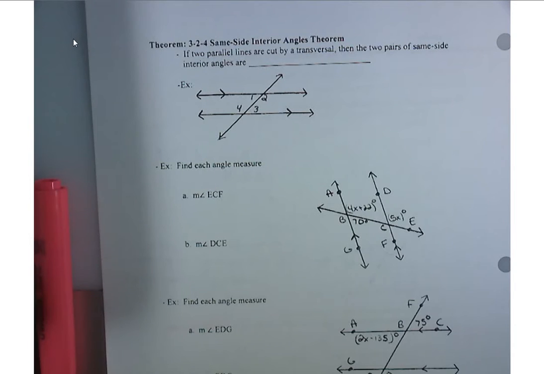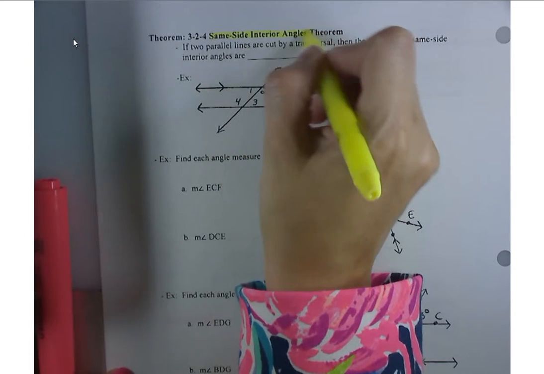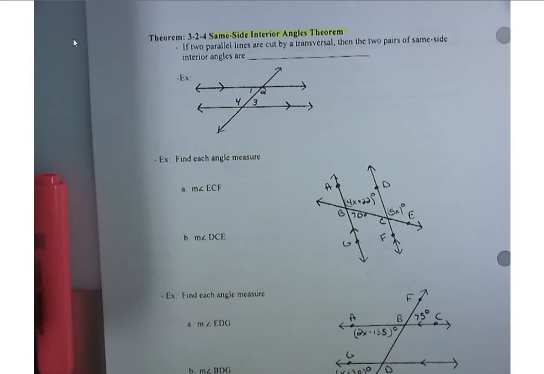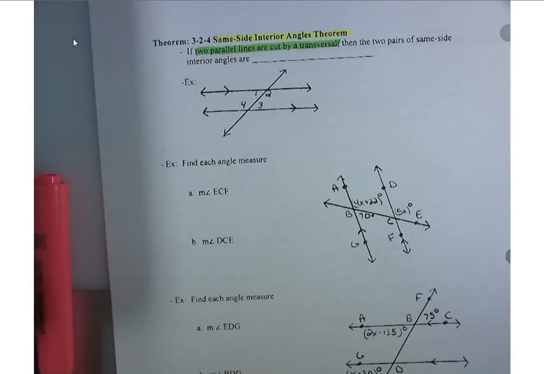This is the last type. All right, so same side interior. Then the two parallel lines are cut by a transversal.